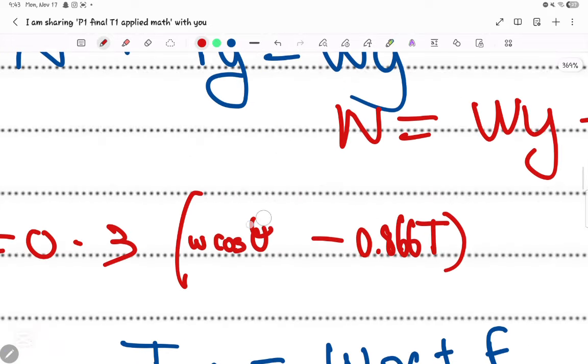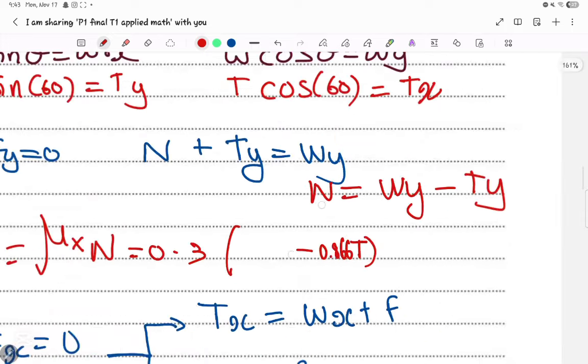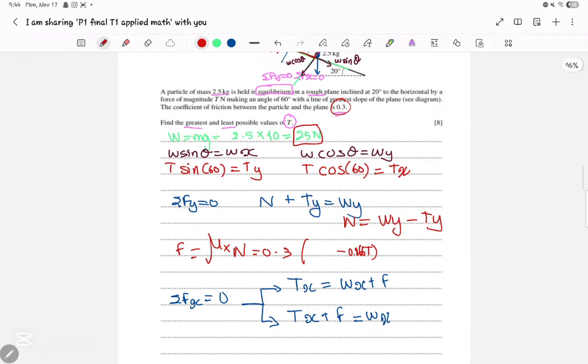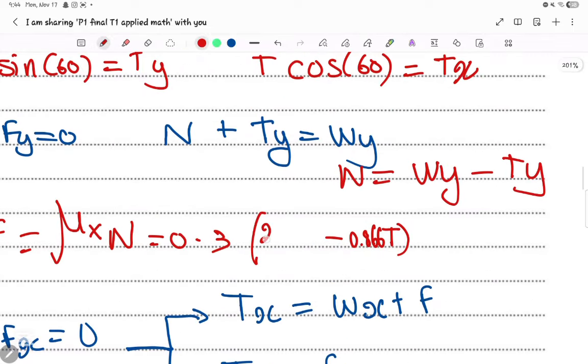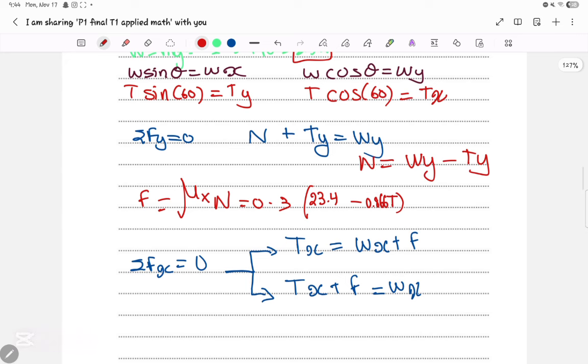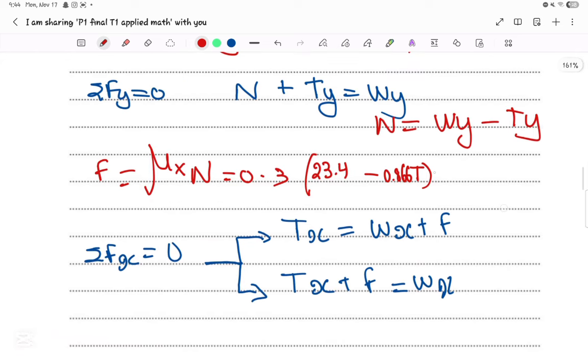So W cosine theta, 25 times cosine 20. That's gonna be 23.4. Okay, so it's gonna be 0.3 times 23.4 minus 0.866 T. So let me change it to 23.5. I think that's better.